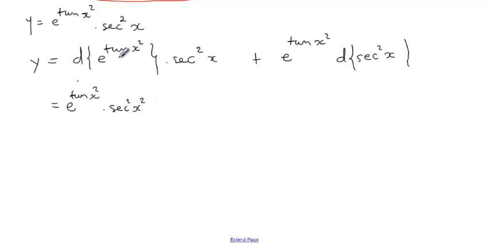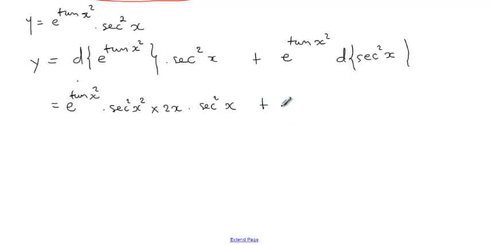But the tan is acting on a function, so the argument is going to be differentiated. So multiplied by 2x, multiplied by sec squared x. Am I correct? Just check if there's a slip of the pen somewhere.